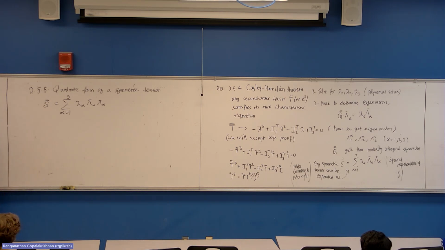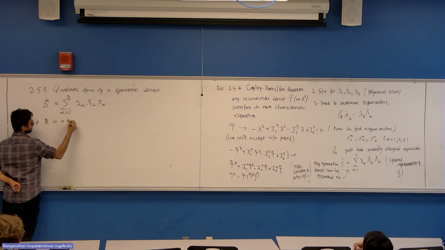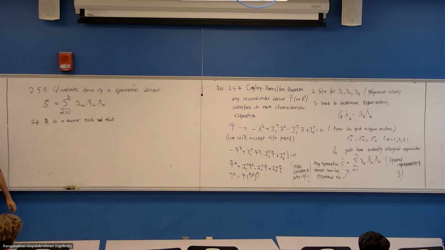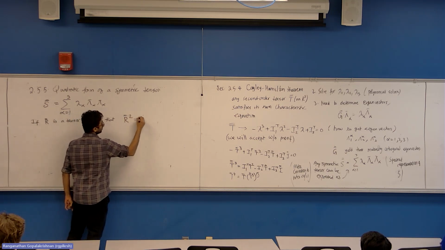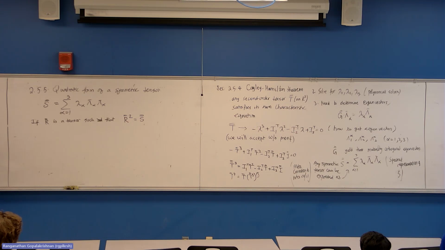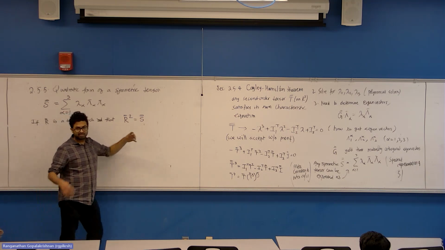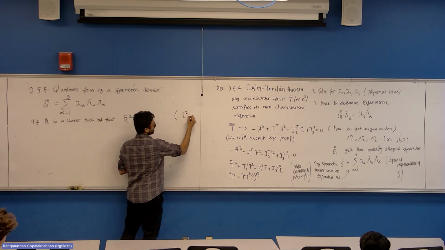If you want to think of R as a tensor such that R squared equal to S. S squared is easy to think of, but what we are really asking you to think of is a tensor R whose square is S. It's like in complex algebra when you first learned, i is a number which when squared gives you minus 1.